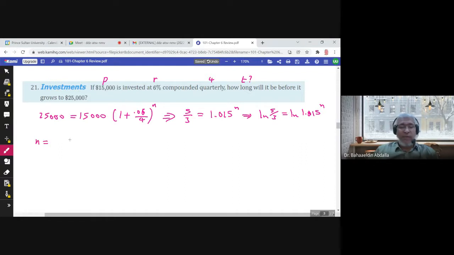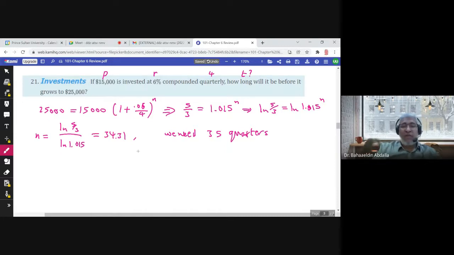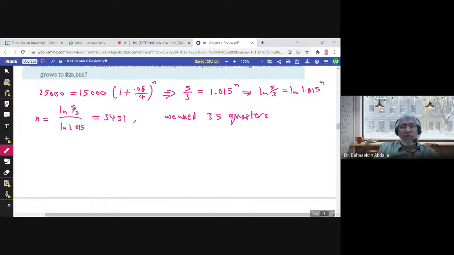And then n would be equal to ln of 5 over 3 over ln of 1.015. And the answer would be 34.31. So how long do we need? It needs 35 quarters. Okay, after 35 quarters, the money will grow to 25,000.